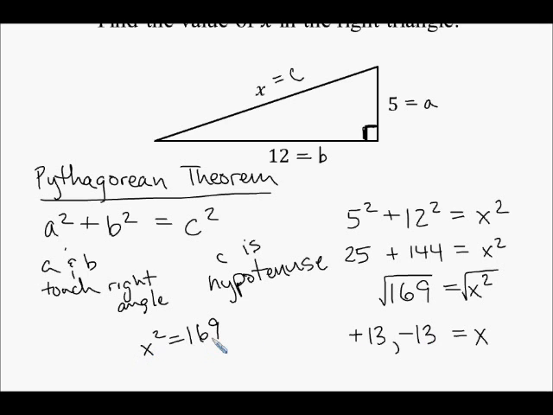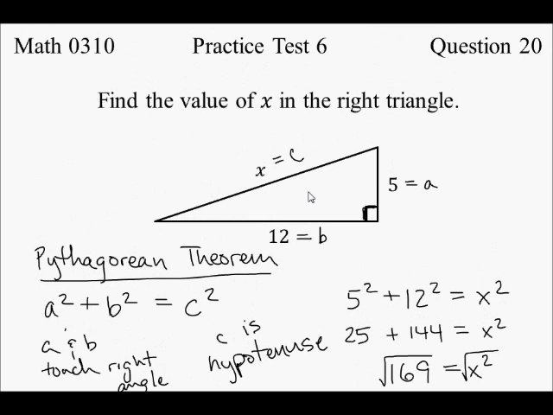So now we look back at our original problem, and we see we're talking about x being the length of a side of a triangle. So if we say x is 13 or x is negative 13, certainly x being negative 13 doesn't make a lot of sense in this problem.